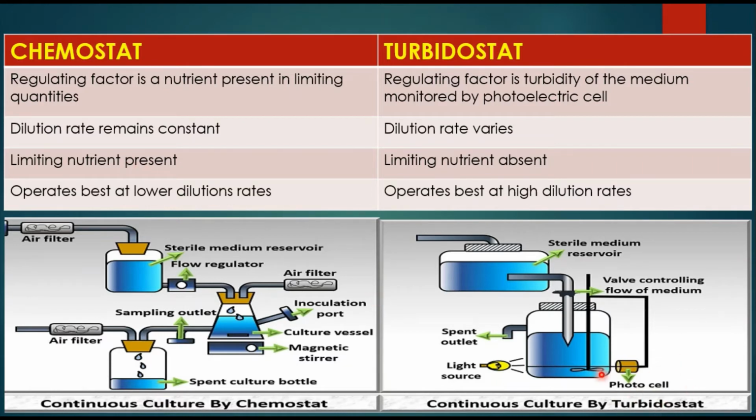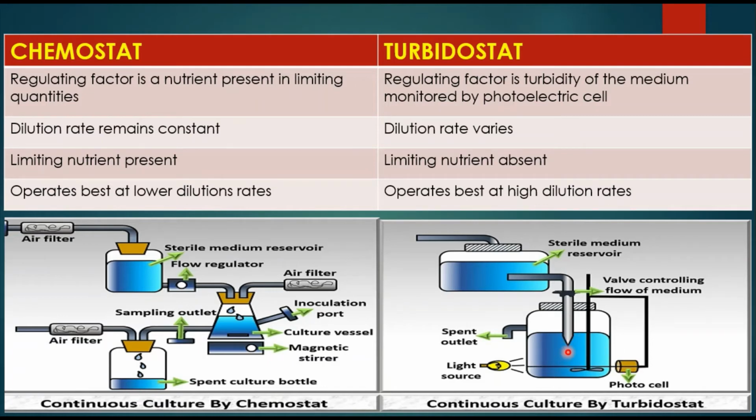And coming to the turbidostat, the second type of continuous culture system, it is provided with a photocell to measure the absorbance or turbidity of the culture in the growth vessel. For the detailed explanation, you can go to the previous video. The flow rate of the medium through the vessel is automatically regulated to maintain a predetermined turbidity or cell density.